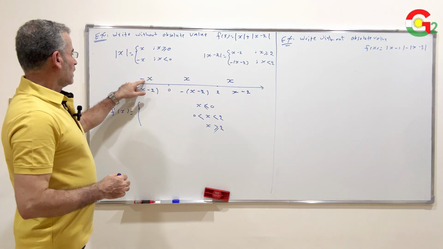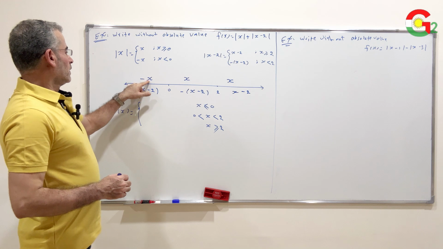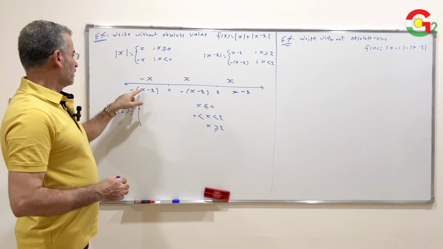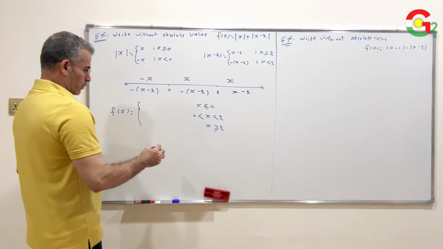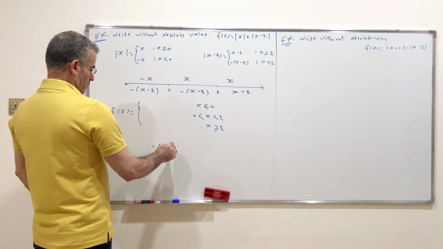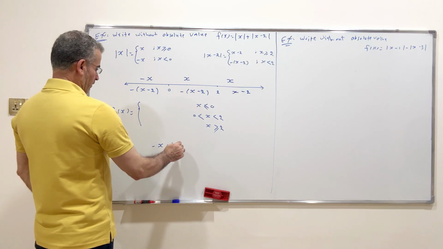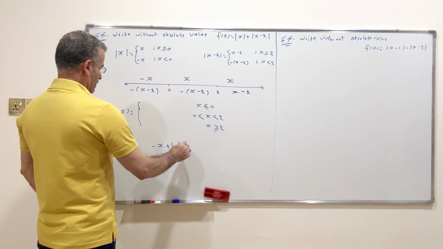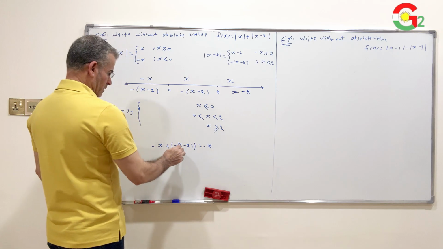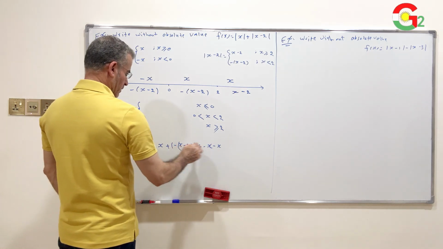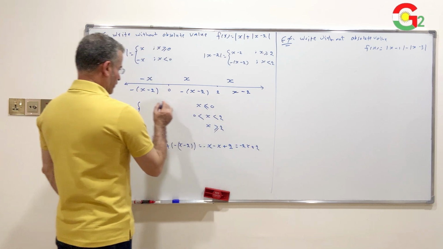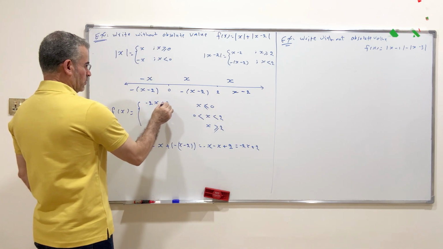It is the addition of negative x and negative bracket x minus 2, minus x plus negative x minus 2, equal to minus x plus 2, equal to minus 2x plus 2.